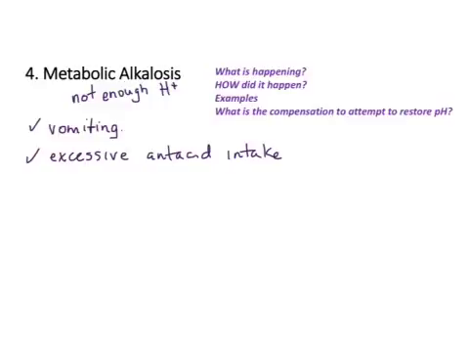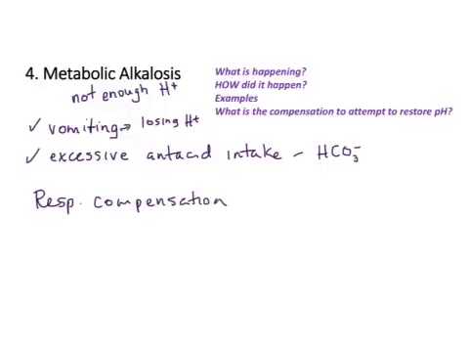Here, we're losing the hydrogen ions as we throw up, and here we're basically eating bicarbonate, so we're buffering that, and we become alkalotic. So what the respiratory system does in its compensation is it says, I can play a role, because I can increase hydrogen ions in the body.